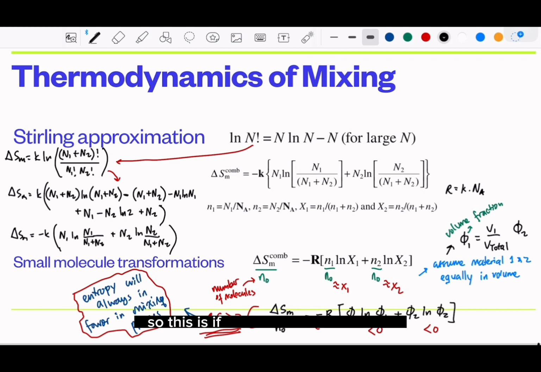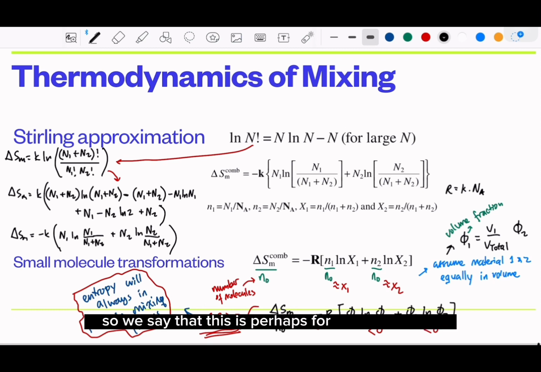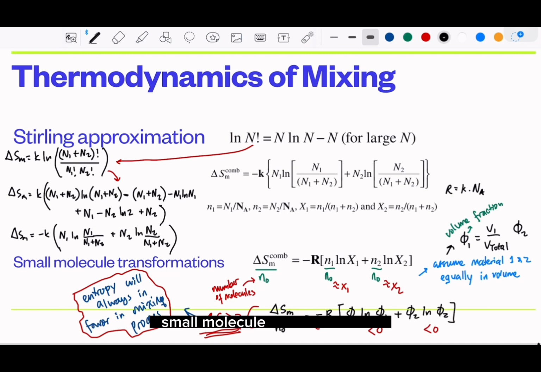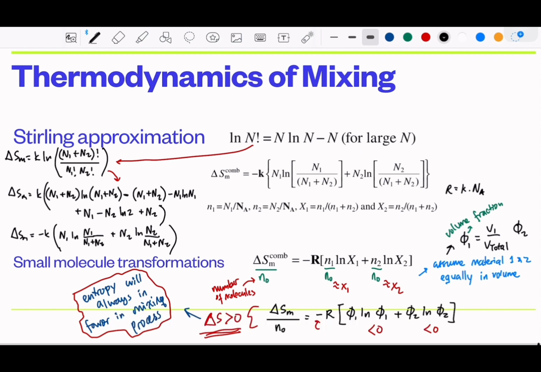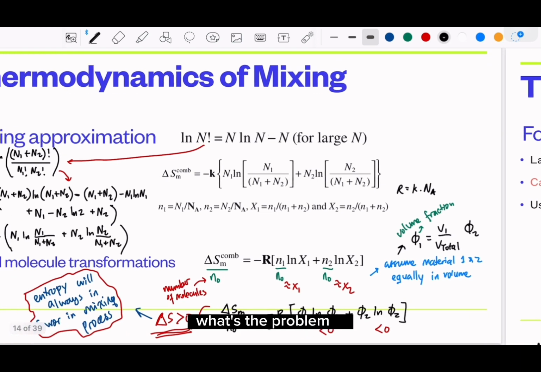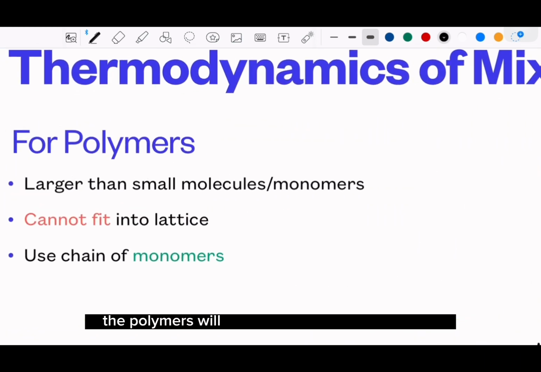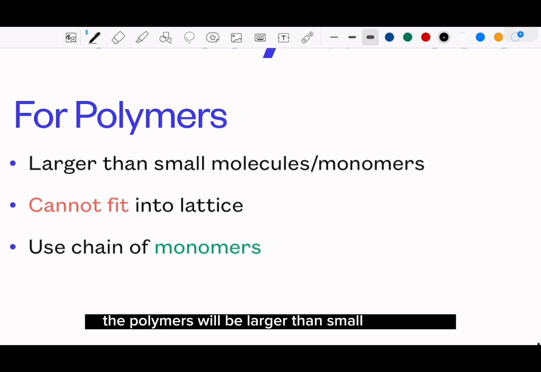So this is if we have some materials with other materials, and we haven't yet focused on polymers. So we say that this is perhaps for small molecule transformations. But using the same assumptions with polymers, we are going to write something different. So let's write for polymers. The problem is that polymers will be larger than small molecules, of course.